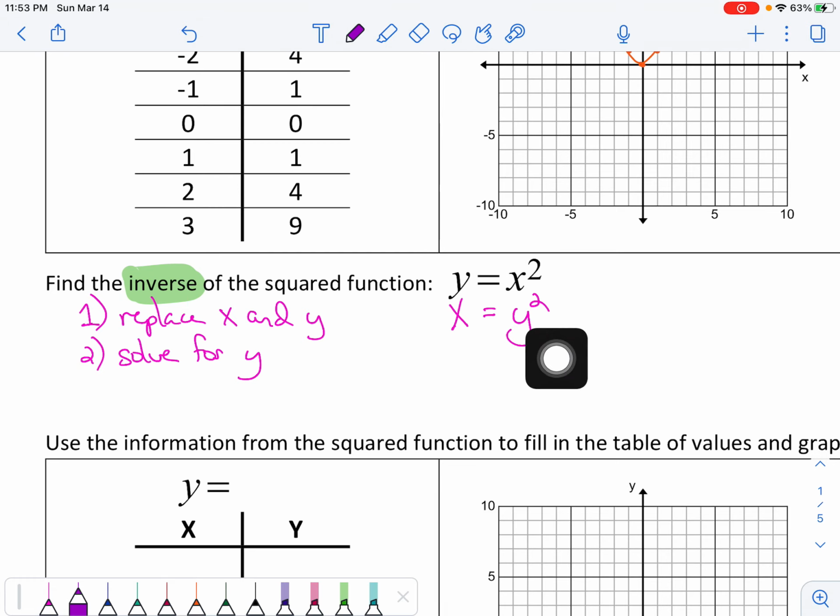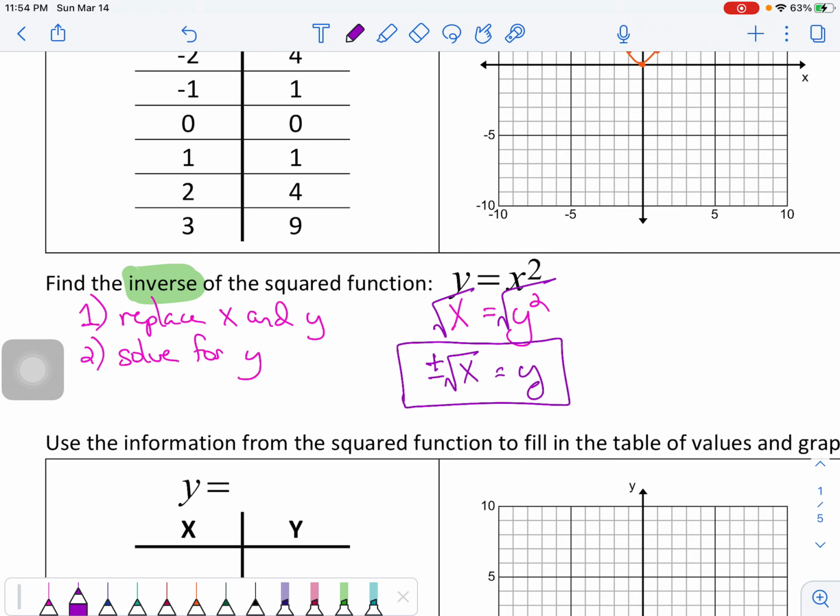So in this case, we've got y squared. To get y by itself, we need to get rid of this squared function. The opposite of squaring something is to take the square root. So y equals, now because we put the square root in the problem, and I'm stressing that the square root was not there originally, we have to add a plus or minus in front of that radical.